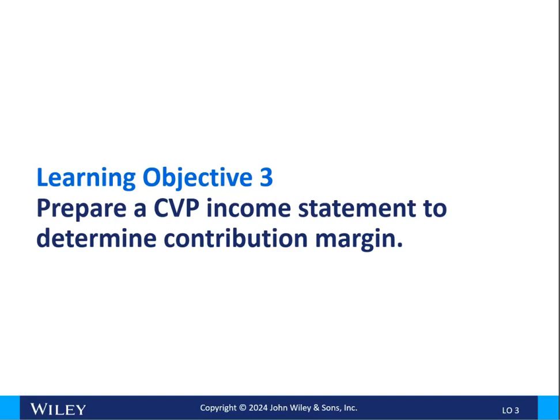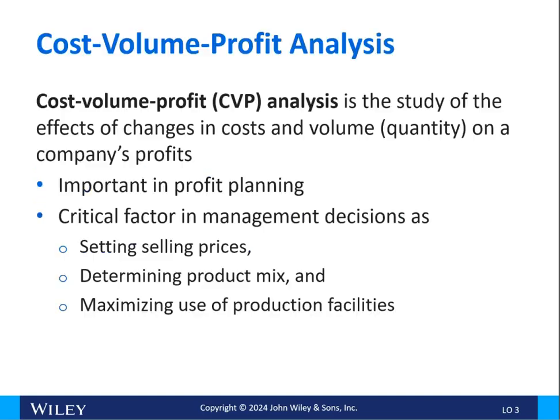Now we'll prepare a CVP income statement to determine contribution margin. CVP stands for cost, volume, profit. It's the study of effects of changes in cost and volume on a company's profit. It's important in profit planning, a critical factor in management decisions such as setting selling prices, determining product mix, and maximizing use of production facilities.